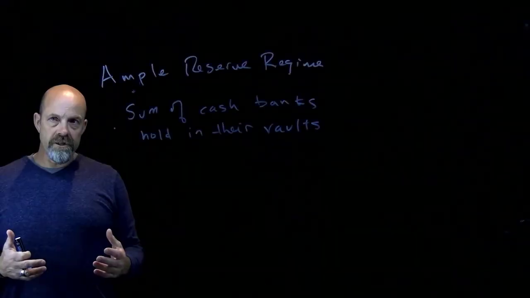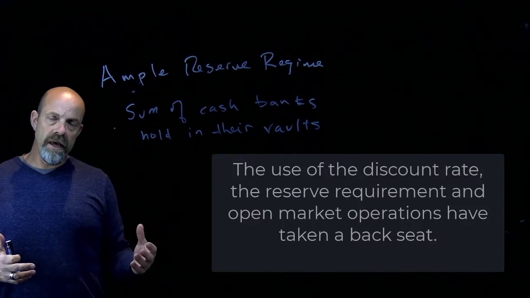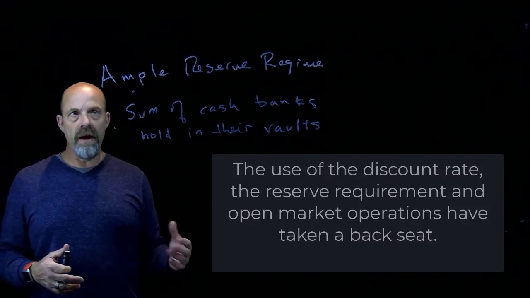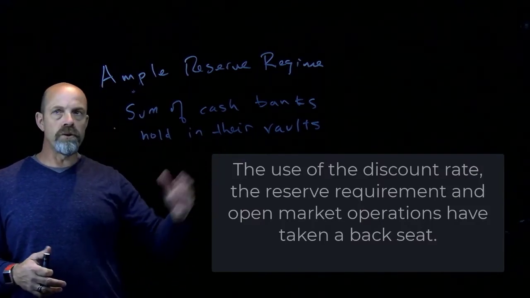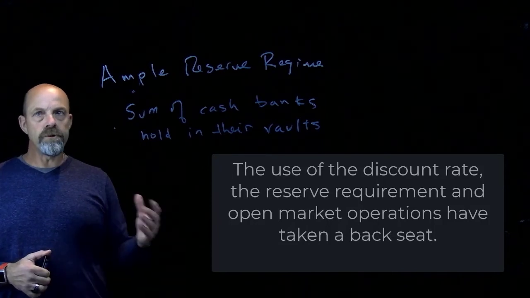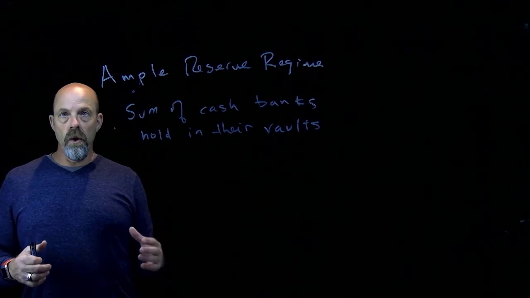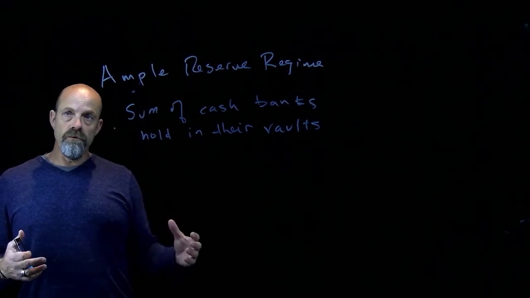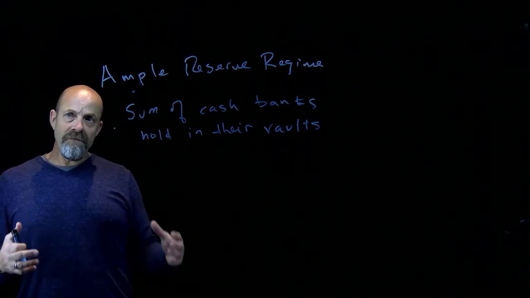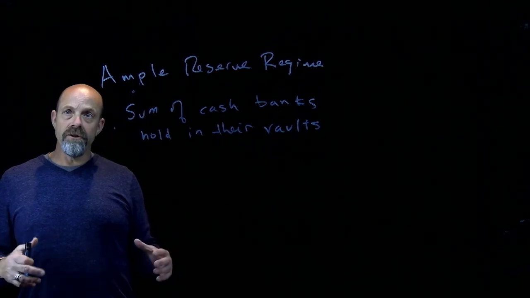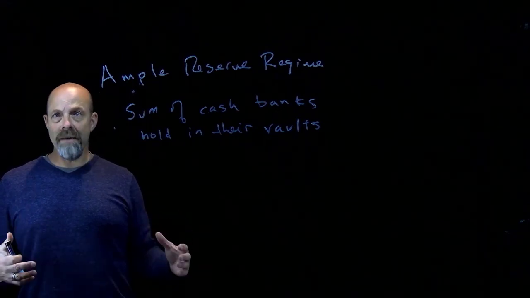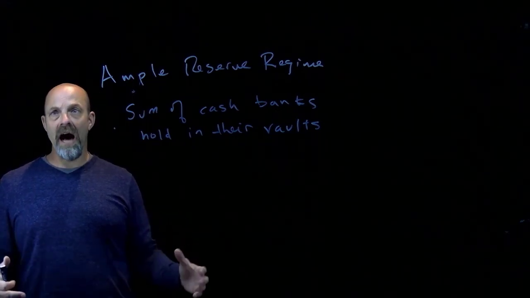Following the Great Recession, the Fed adopted a new tool to be able to expand the money supply when needed. It's called the ample reserve regime. Ample reserves is the sum of cash banks hold in their vaults. So an ample reserve means that there's enough cash in banks to maintain a stable interest rate in the economy.